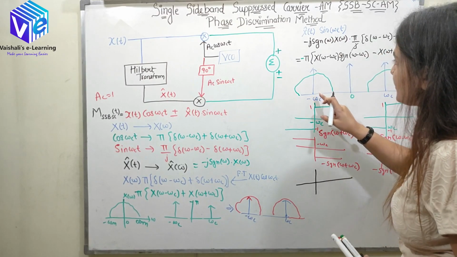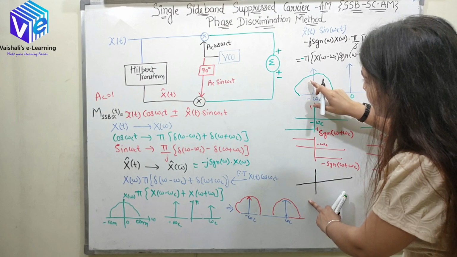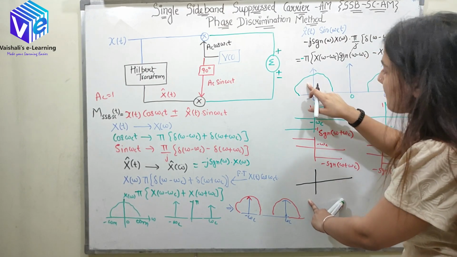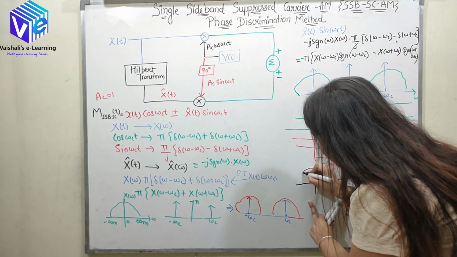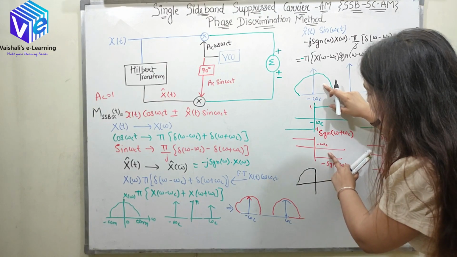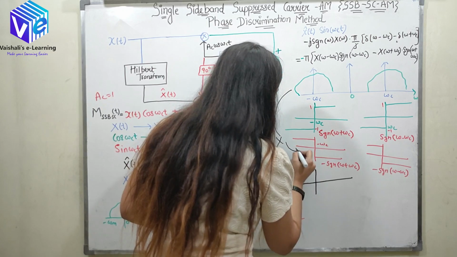At minus omega c, here it is multiplied with plus 1. Which half is that? It is the upper sideband that is multiplied with the plus 1. So the upper sideband I have the same, but the lower sideband is multiplied with the minus 1. So I am multiplying this with this.